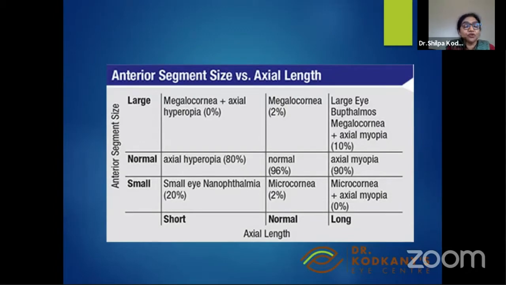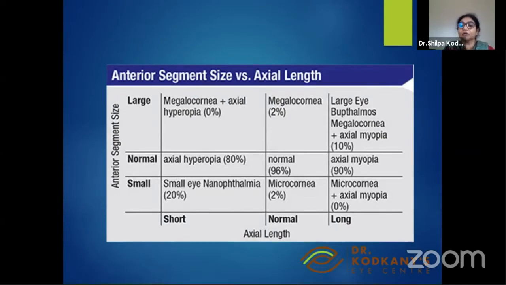But it was Jack Holladay, during his method of going from Holladay 1 to Holladay 2, who found that about 80% of people with short axial length had an anterior segment which was normal. And even among the longer axial length people, 90% had an anterior segment of a normal size.